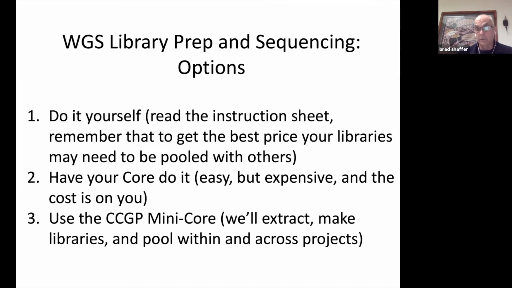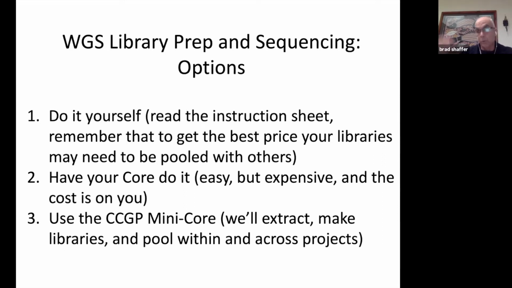It's easy, you just send them stuff, but it tends to be kind of expensive. And that cost is on you. We funded projects based on a fairly minimal cost for this stuff. I think an honest cost, but a minimal cost.